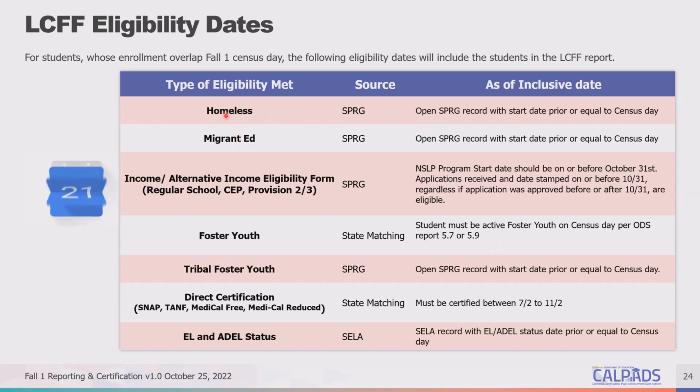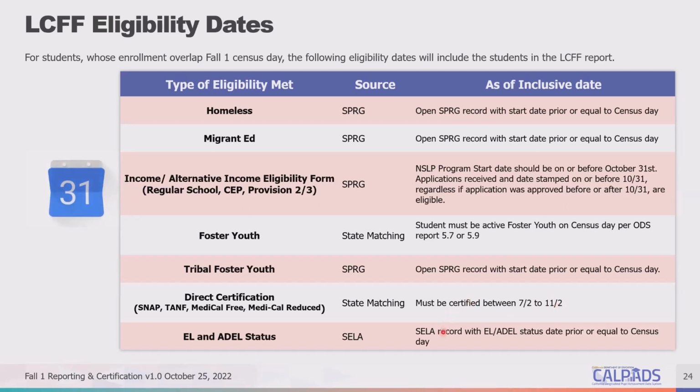So again, these first three are based on eligibility. So you submit the SPRG records. Foster youth and direct cert are state matched, and so you identify them by running reports 5.7 or 5.9, and also by looking at the direct certification extract. Anyone who is directly certified between July 2nd and November 2nd is included in the LCFF subgroup.